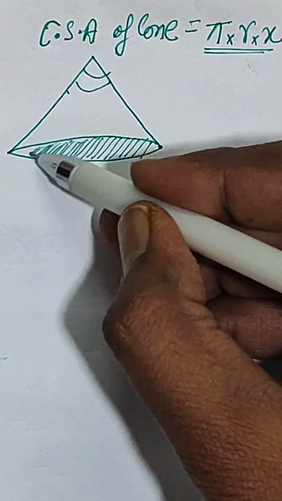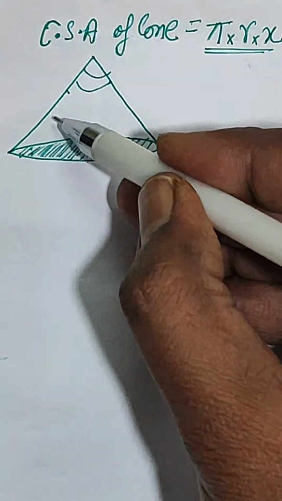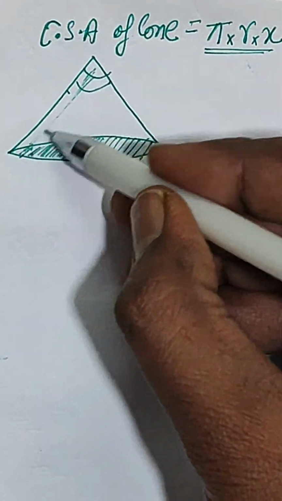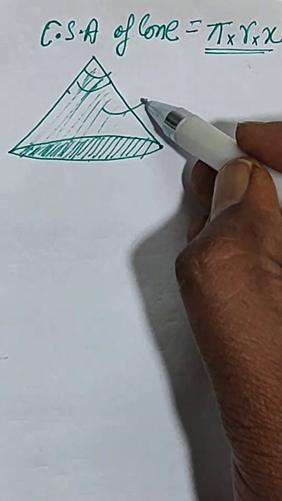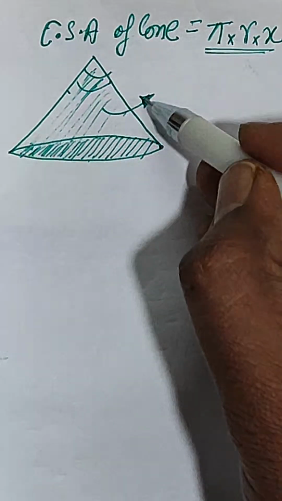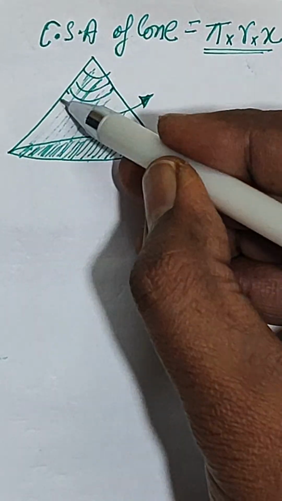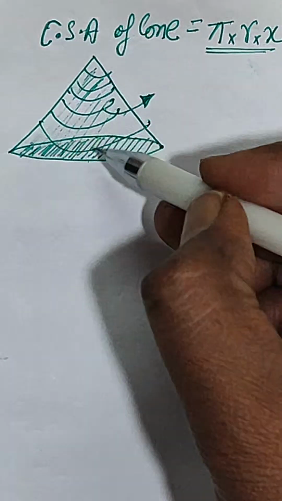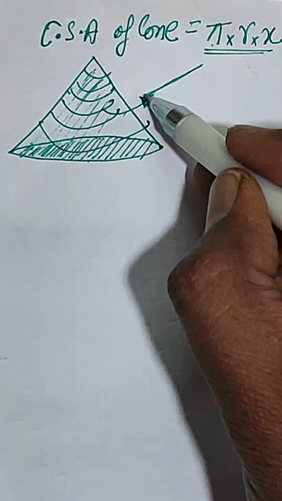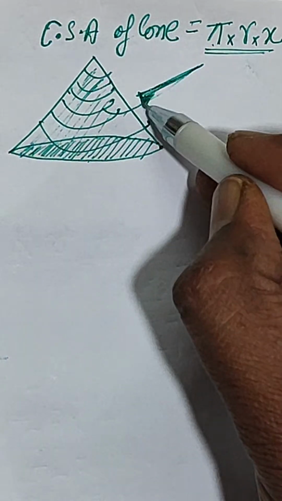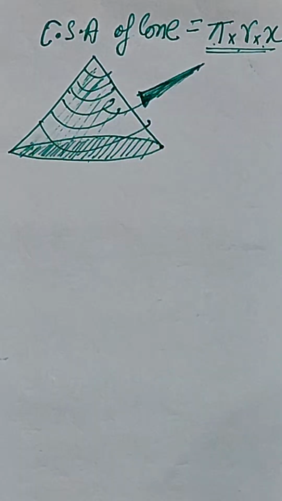But the other remaining areas which you are able to touch with your hand, this slant, this slope, all this area which is used to cover the cone is the curved surface area, and that is equal to pi r x. This is given to you.